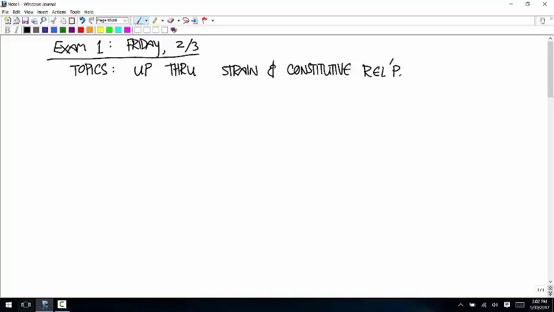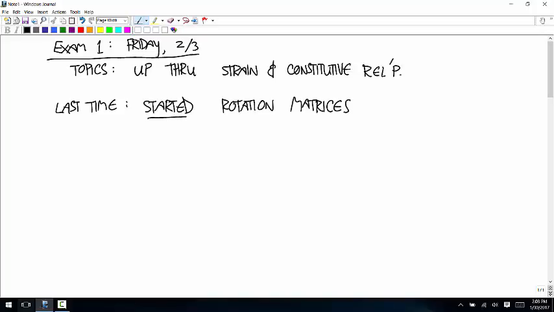All right, so last time we started talking about rotation matrices. And the way that I said it, the sort of general definition, this isn't the one we're going to use in this class, but you can think this is always true.